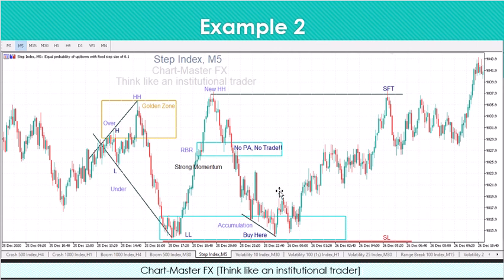So on example number 2, guys, you can see here that we have an over under here, which means this low was actually engulfed by this lower low, and we had our golden zone. So usually when we have an over under, we are expecting the price to make a reversal on the golden zone, maybe on this decision point, but the price failed to sell on this decision point.